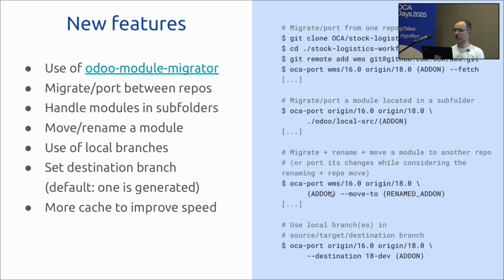You can use all of these at the same time, with another repository as a source. So we can move a module and rename it at the same time. And we can set a destination branch manually if you want to. It's the same syntax that is used. So here I could write camptocamp/18-dev to push on the camptocamp fork on this 18-dev branch.